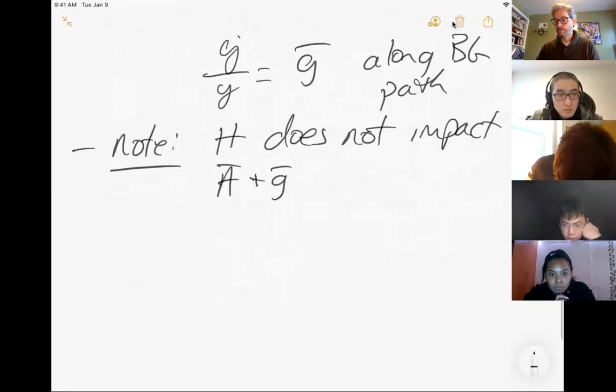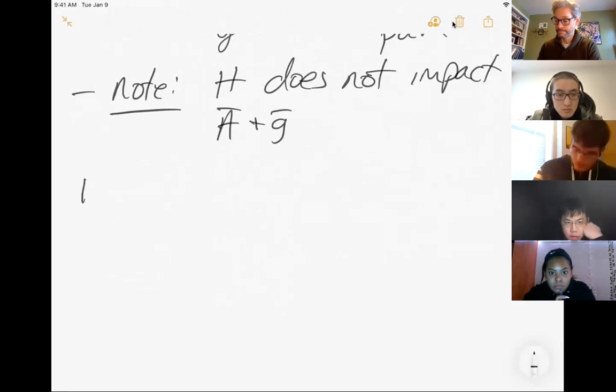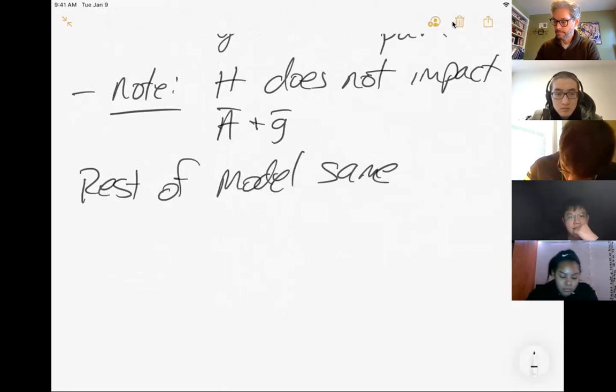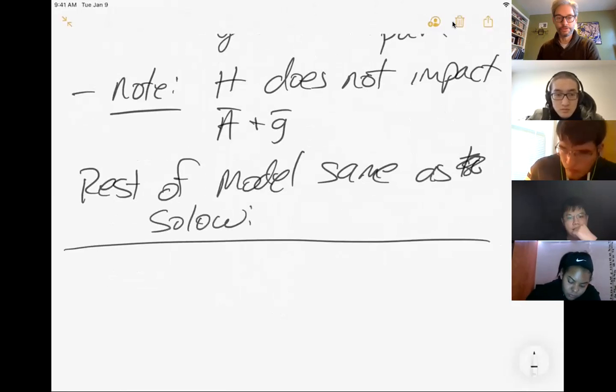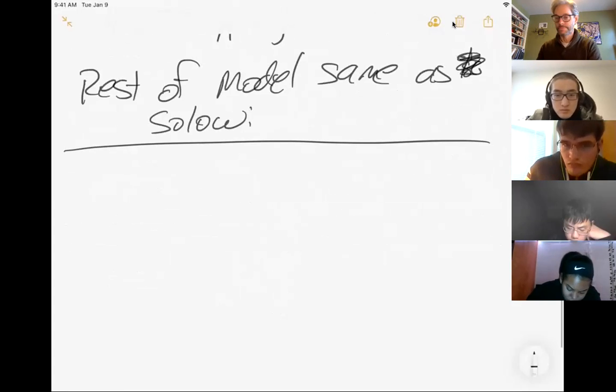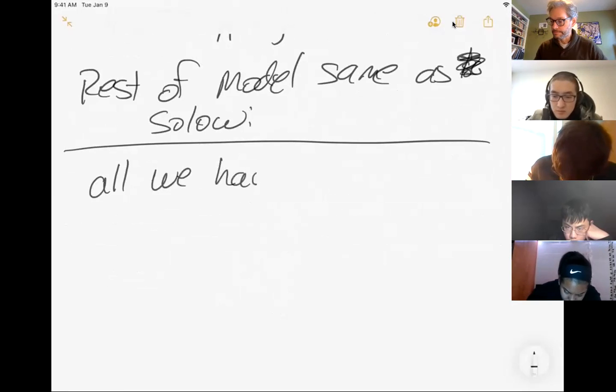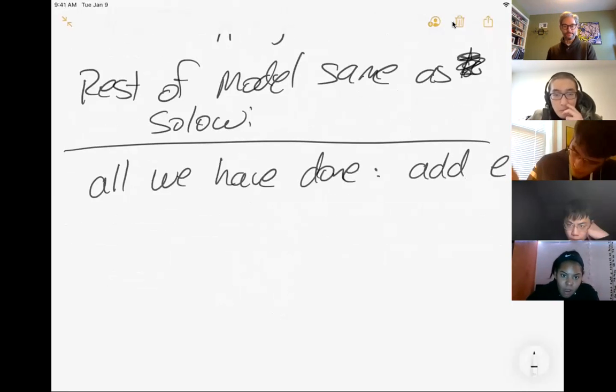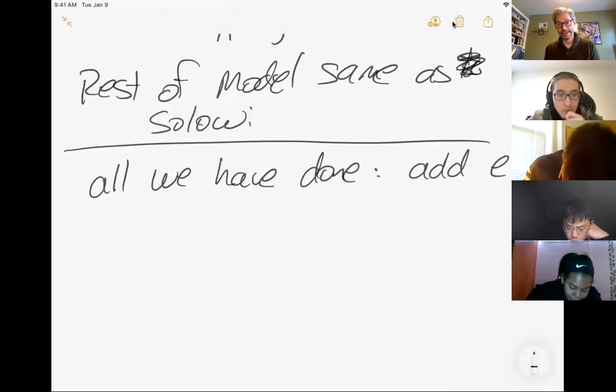All right, that's the intuition. The rest of the model is the same. And so I'm just going to talk through this very quickly, because honestly, really all that we've done is we've added this to the model, right? That's really all that we've done here, is we've just added this constant to the model.